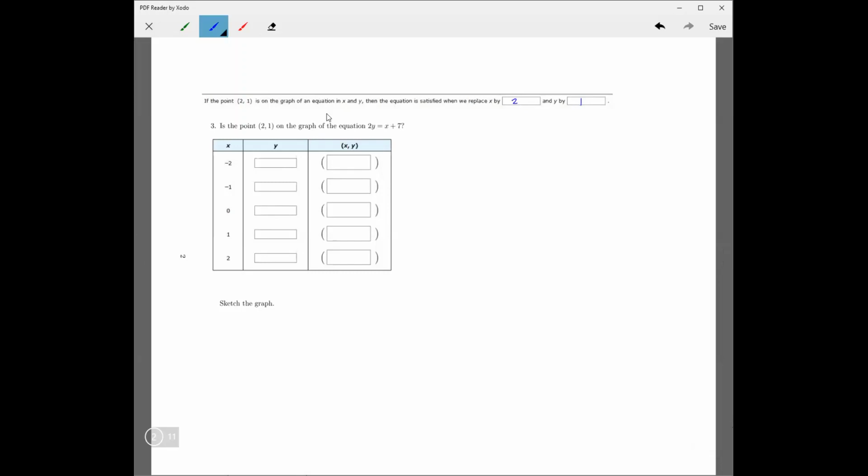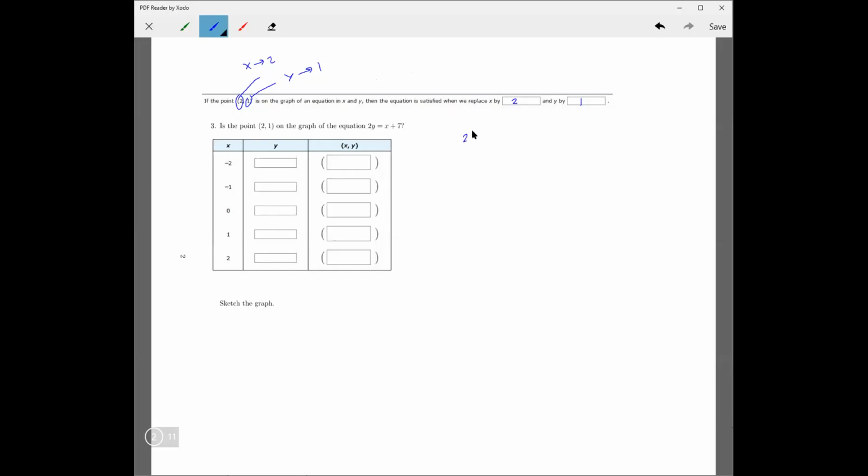That's 2 and that's 1, because this one is what you replace x with, and this one is what you replace y with. If you make those replacements and it satisfies the equation, then it's on the graph. Okay, so number 3: is the point (2, 1) on this graph?